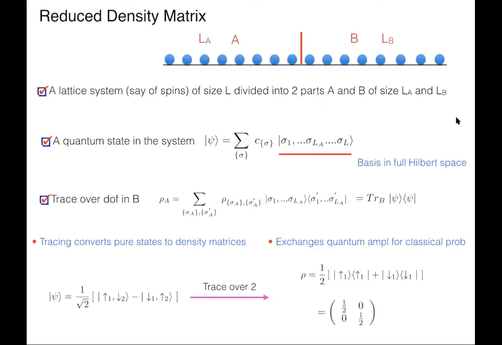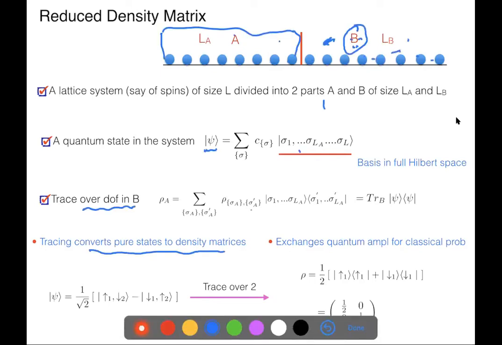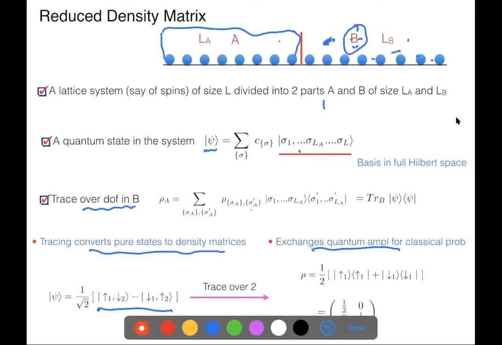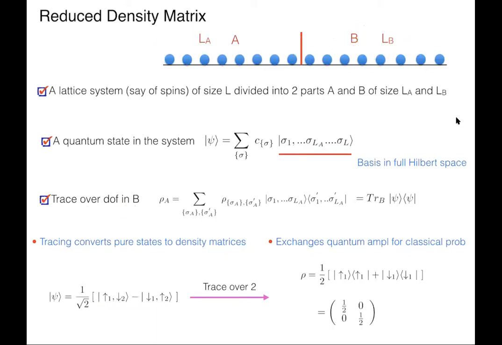So the tracing converts pure states to density matrices, or exchanges quantum amplitudes for classical probabilities, and so on and so forth. If you have just two spins and you take the singlet state and trace over the second spin, you will get a matrix which is half, zero, zero, half, diagonal.